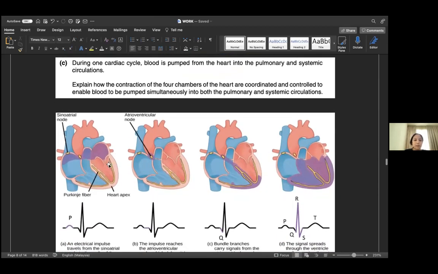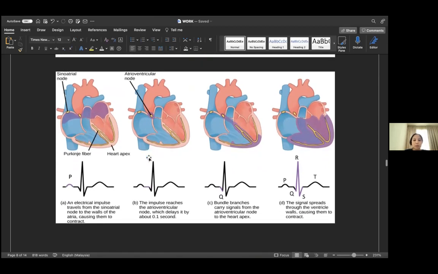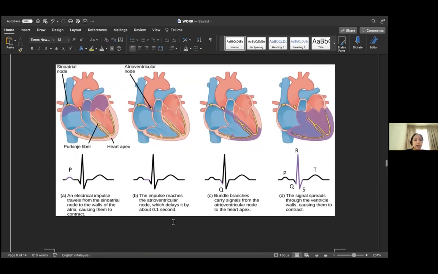Then, like I mentioned just now, the non-conducting tissues will not allow it to pass. So the excitation wave will instead travel to the atrioventricular node, and because of the fibers, it will result in a 0.1 second delay to allow blood to completely empty from atria to ventricles.